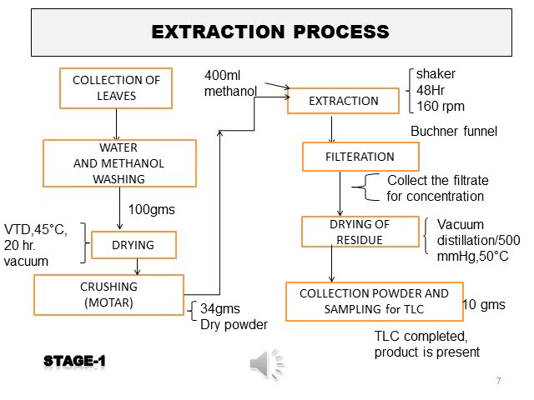In the dryer we maintained 45 degrees Celsius under vacuum for 20 hours. Then we sent it to the extraction chamber, called a shaker, with a conical flask. We added 400 ml of methanol and shook for 48 hours at 160 rpm.